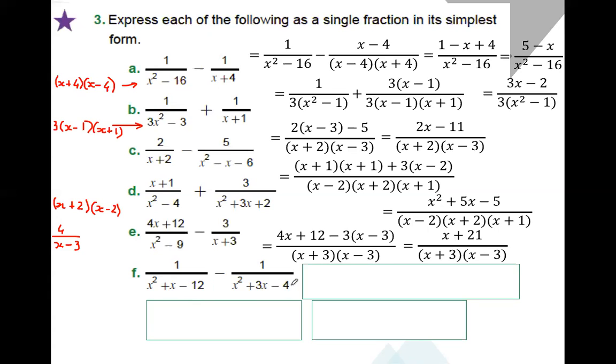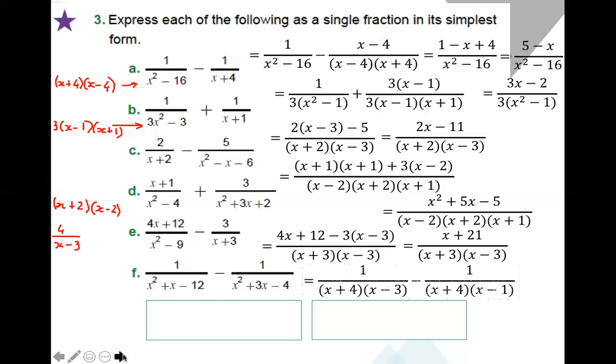On this side here, I've got 4 times 1 with positive 4, negative 1. So the first stage would be to factorize them: x plus 4 times x minus 3, and x plus 4 times x minus 1. And ideally, you would see a common factor coming out.